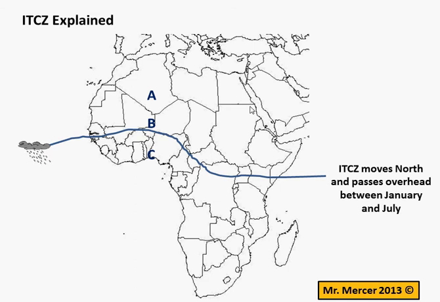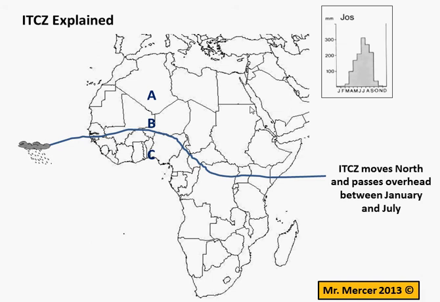So you can say that location B, in this instance we'll call this Jos, does have a peak of rainfall in around June, July as the ITCZ passes overhead, but up until this point it's had quite a lot of dry months, because up until this time location B has been covered by tropical continental air masses that lack moisture.